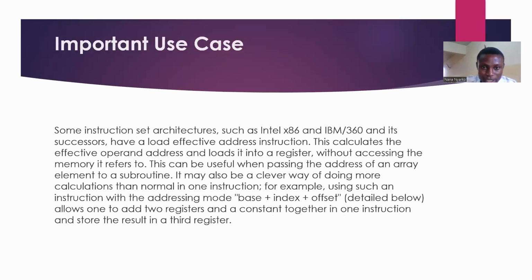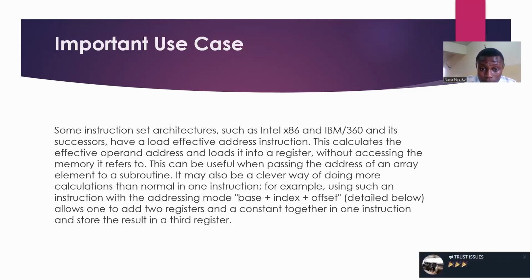Some instruction set architectures such as Intel x86 and IBM 360 and its processors have a load effective address instruction. This calculates the effective operand address and loads it into a register without accessing the memory it refers to. This can be useful when passing the address of an array element to a subroutine.